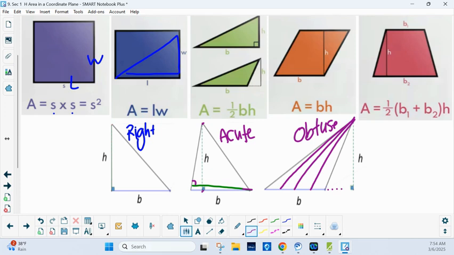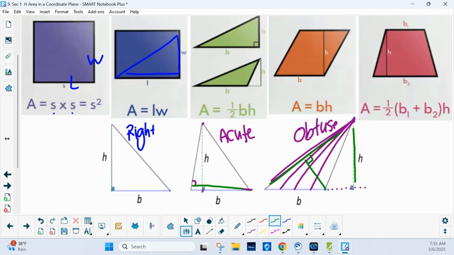So we kind of have to extend out the base so that you can go straight down from a vertex to create the height. So each triangle is a little bit unique. We'll look at the best option to use the base and to get an easy height to find it. We could use this side as the base, and it would be easier to head right down and create a right angle. It just depends on where it is.